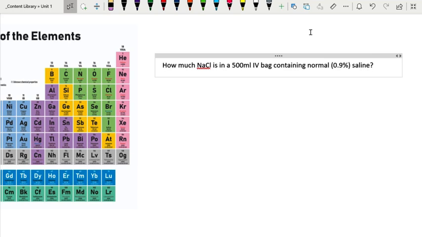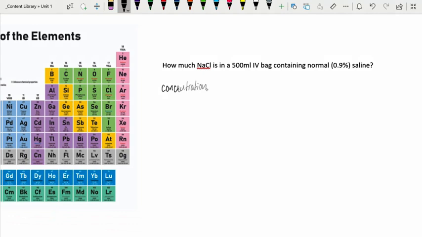Now, I don't want this to be too daunting. We just need to make sure we understand what all of these terms mean. First and foremost, I would like to introduce you to the concept of concentration. You see the word, and you think, oh yeah, it's very concentrated, or it's not very concentrated. People don't really understand what this is.